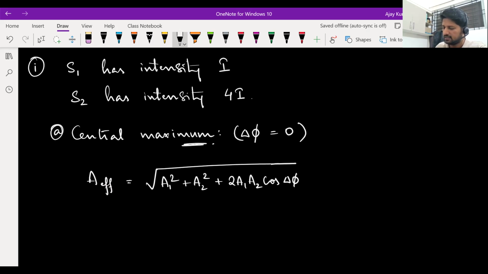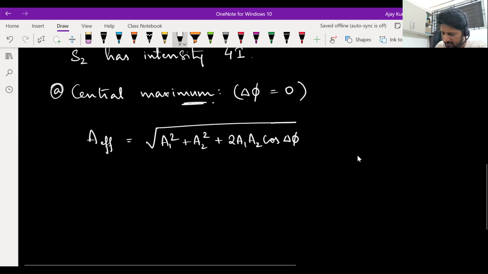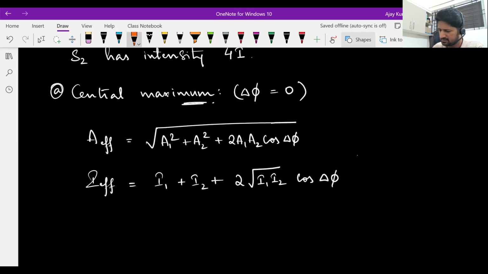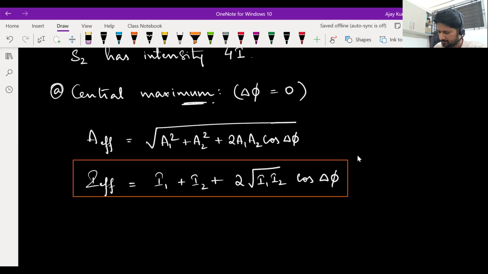And if the waves have intensities I1 and I2, then with a phase difference delta phi, the effective intensity is I1 plus I2 plus 2 root I1 I2 cos delta phi. In the intensity formula, cos delta phi is outside the square root. We had discussed this at the beginning of this chapter, in basic wave properties.